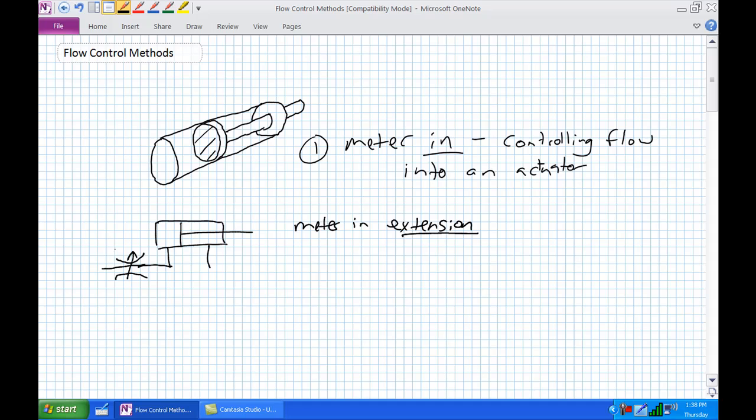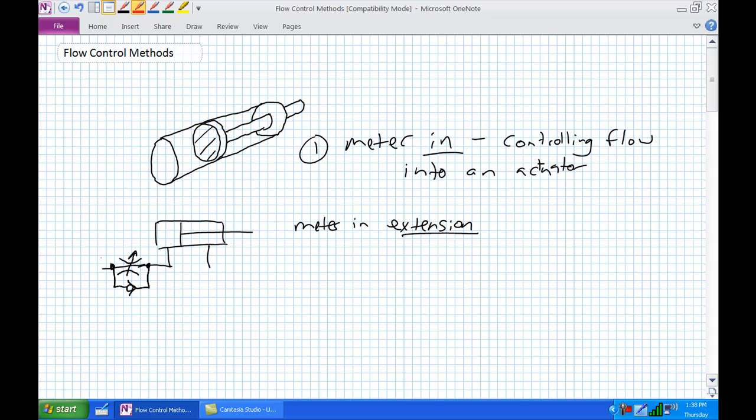I have to draw that again. That's horrible. So if I put a flow control valve here and it's got a check valve bypass in that orientation, that is meter in extension.